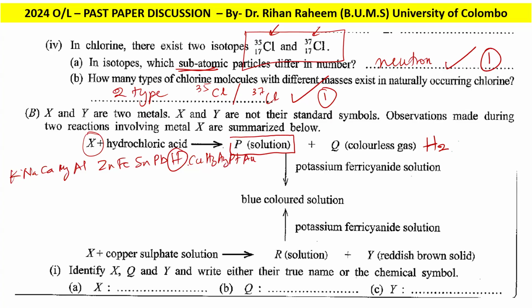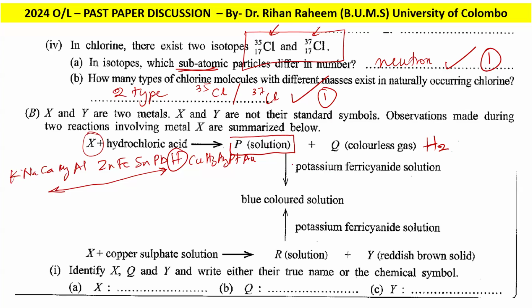There is no paper without the activity series. Every paper somewhere the activity series comes. So metals which are above hydrogen can react with acid and release hydrogen gas. So when a colorless gas is released when reacting with hydrochloric acid, obviously it is H2.